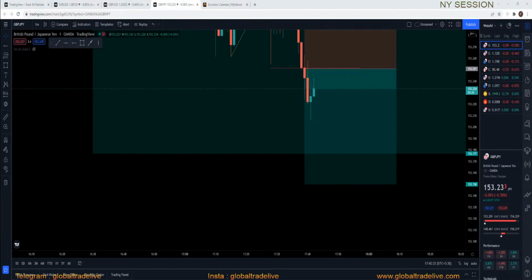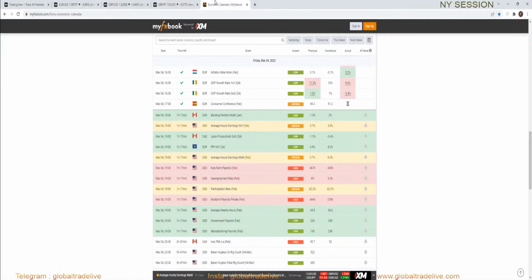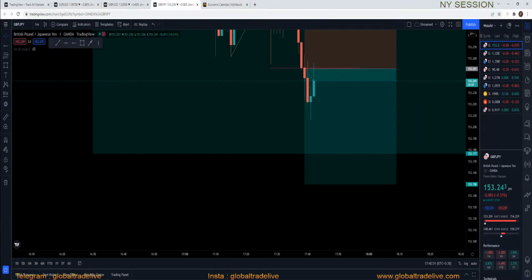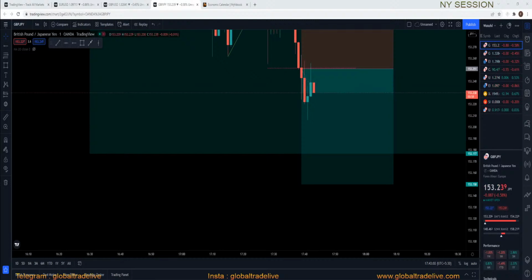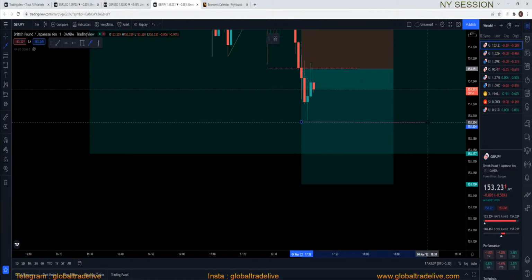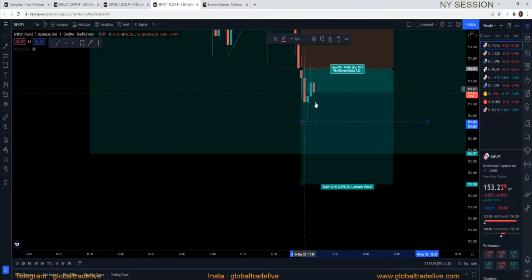You know, the problem is volume. News is about to come in 1 hour 17 minutes. So now if the price breaks below this area, then volume will be coming in, and this will become the POI.